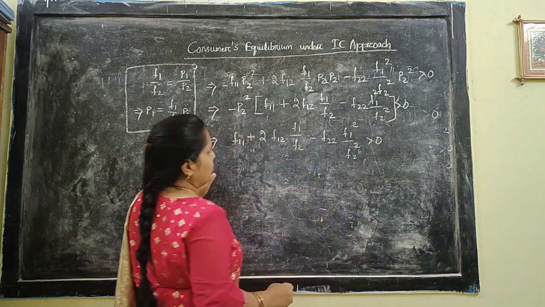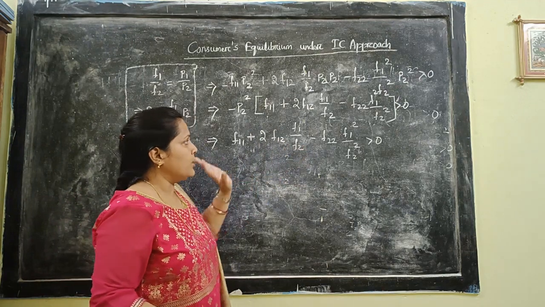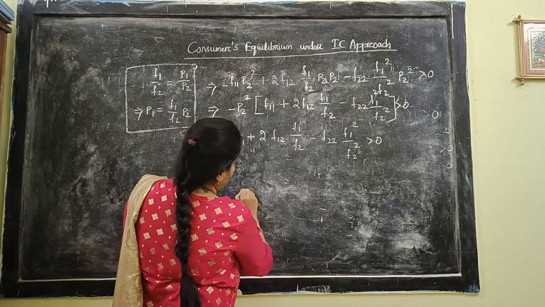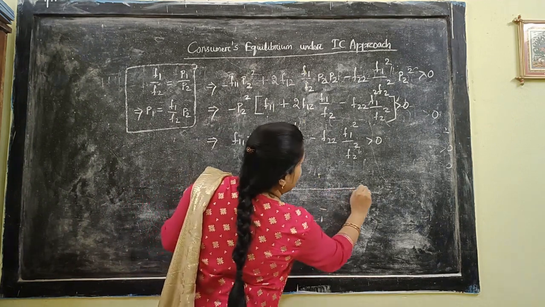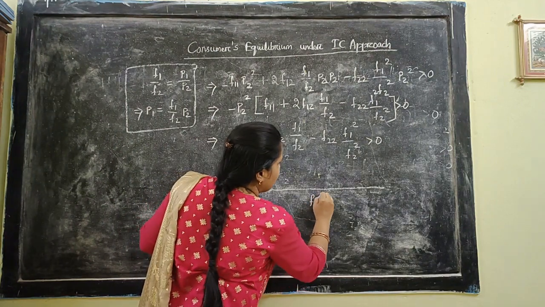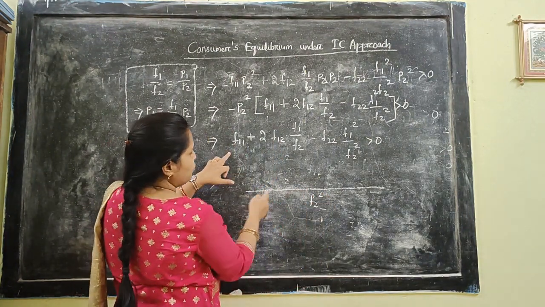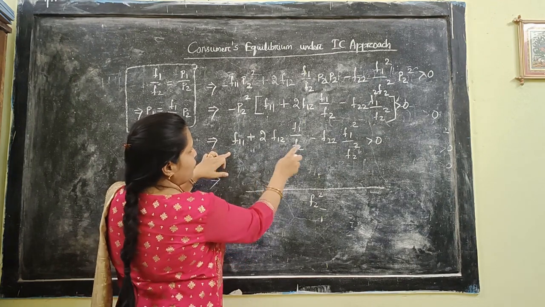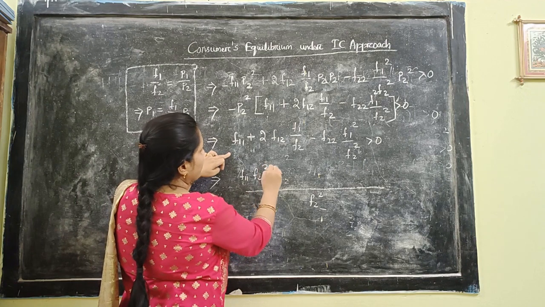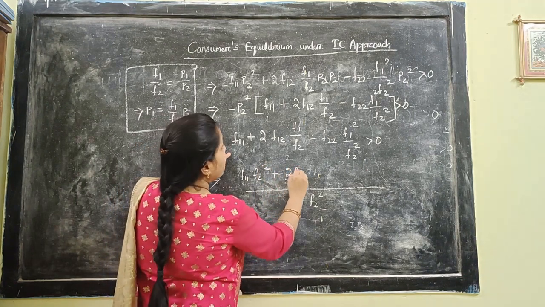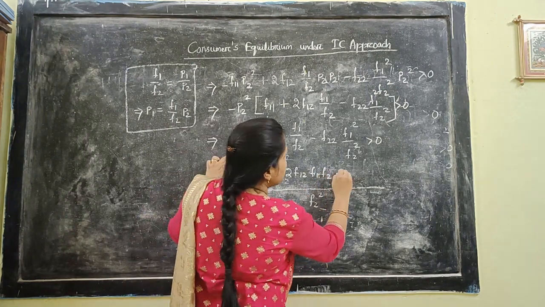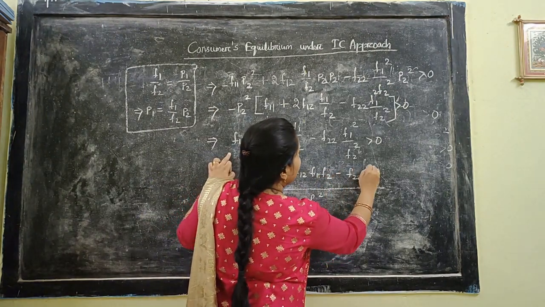So now we came to here. Now taking the greatest common factor into account, F2 square, we take the sum of all this. It will be F11 F2 square plus 2 F12 F1 F2 minus F22 F1 square.